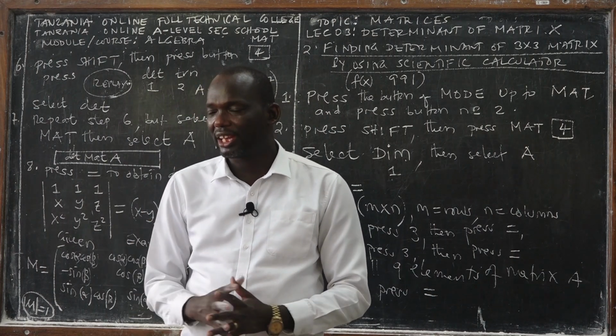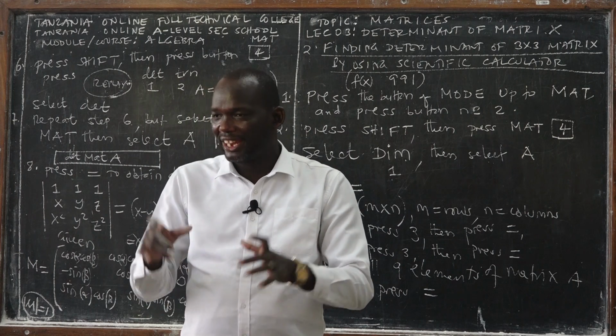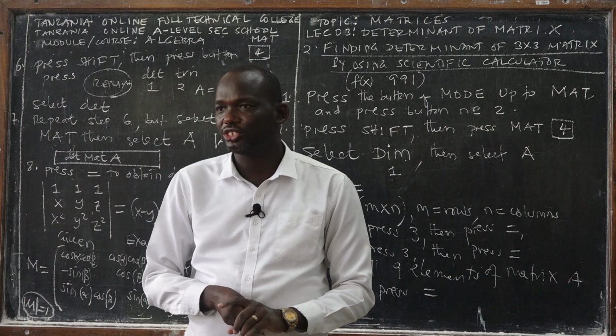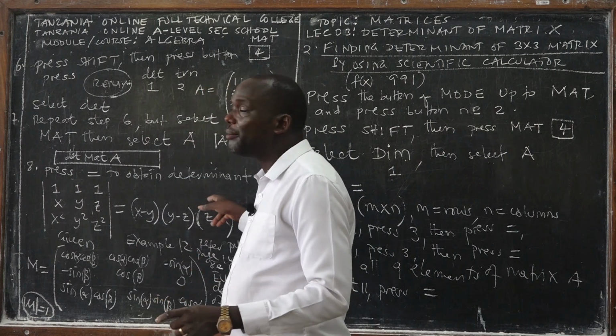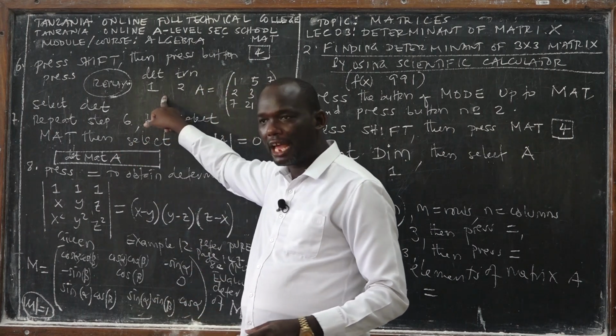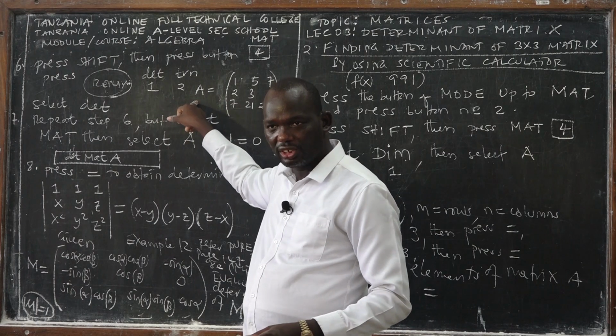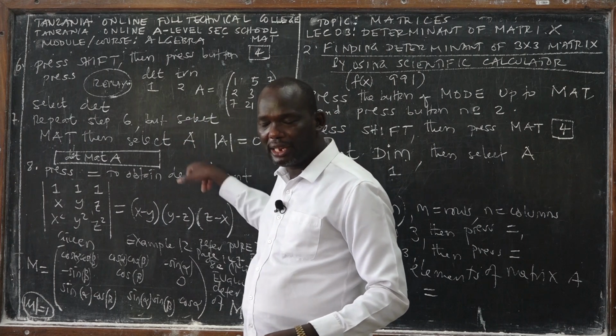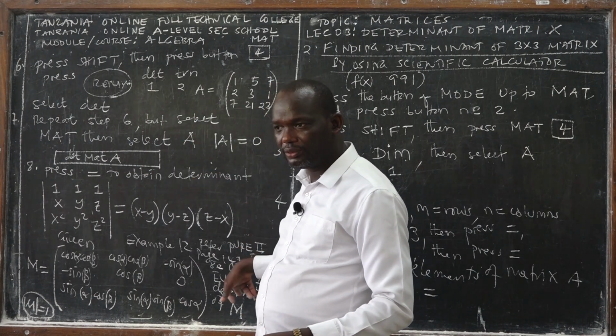The aim of the scientific calculator is to prove. Whenever you are asked to find the determinant, or you've been given a determinant and there is a certain variable within the elements of the matrix, you can substitute and prove that the determinant equals the one you've been told.